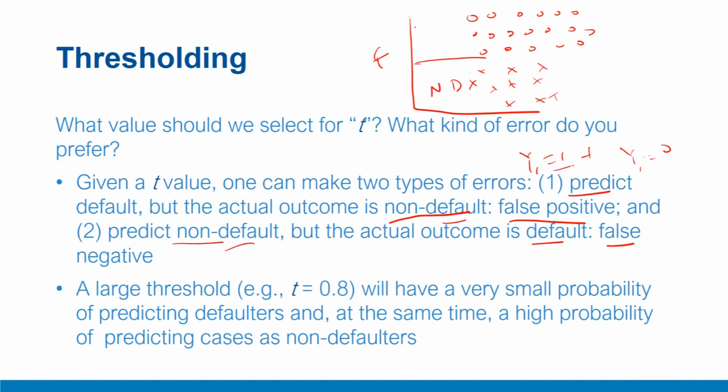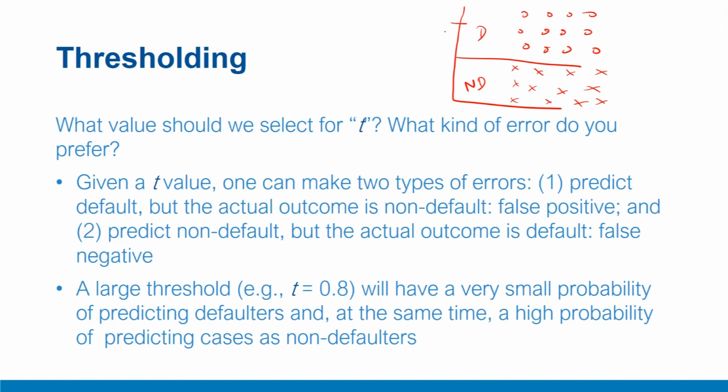I am putting them visually on the higher side because they have a higher probability of default. Now suppose you select a very large threshold, let's take an extreme threshold of 0.8. So let's say you pick a very high value of tau, like 0.8. And since it is a very high value, you will classify a very small fraction as defaulters.